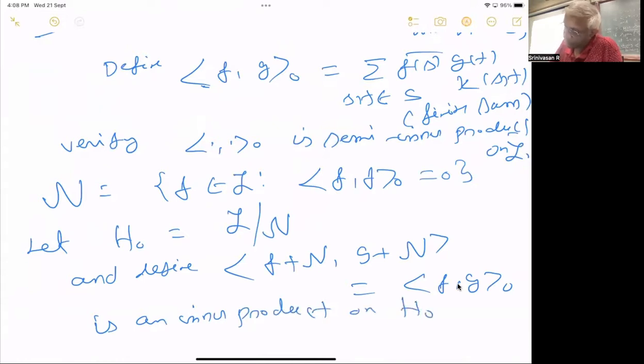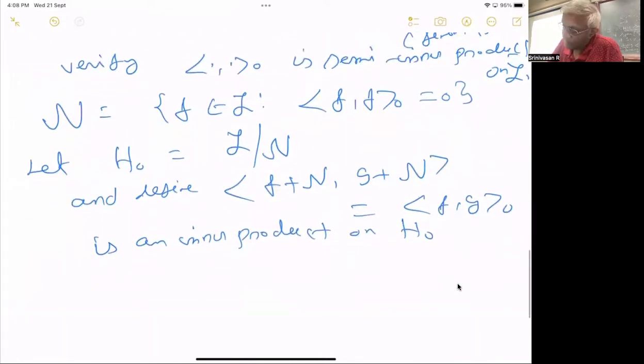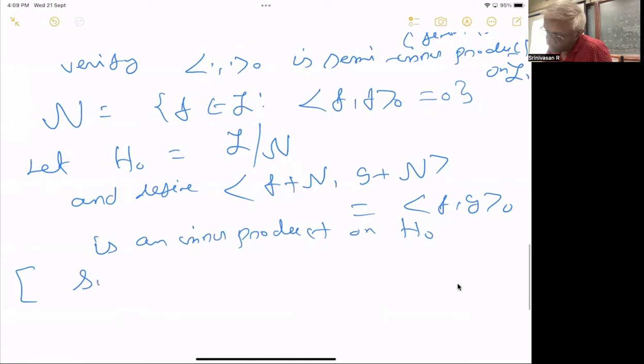This is the claim. I have to prove it. The reason: it's clearly conjugate linear in the first variable, linear in the second variable. That's okay. You only have to verify the positivity of the inner product.